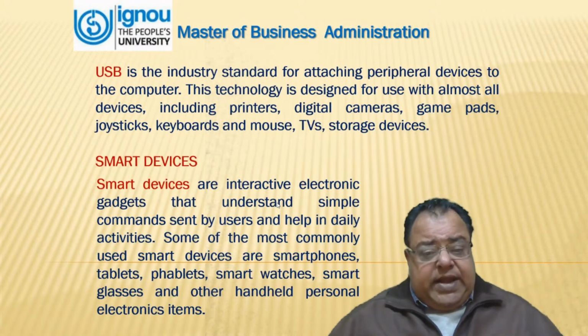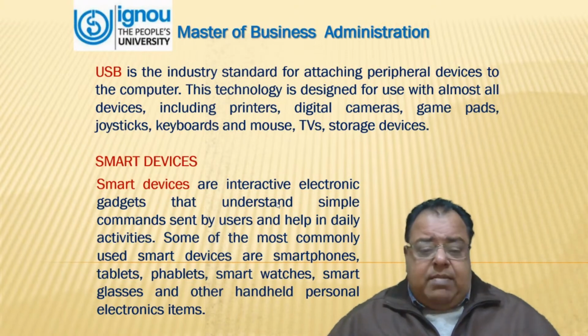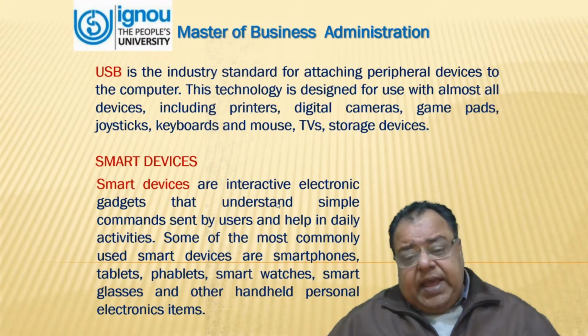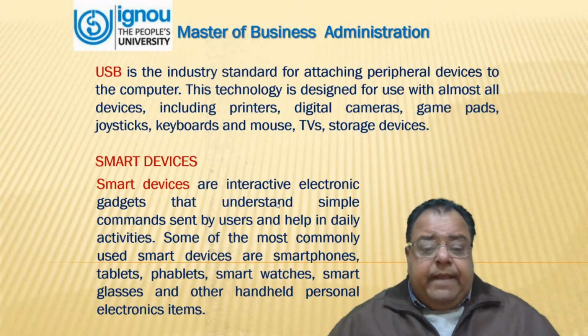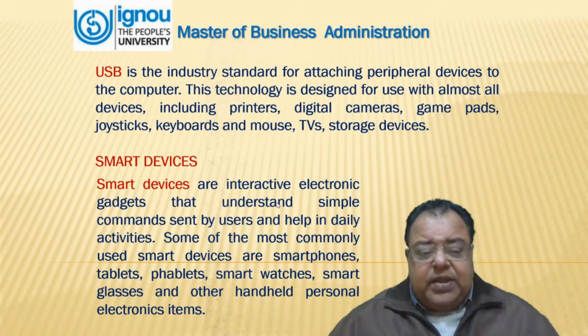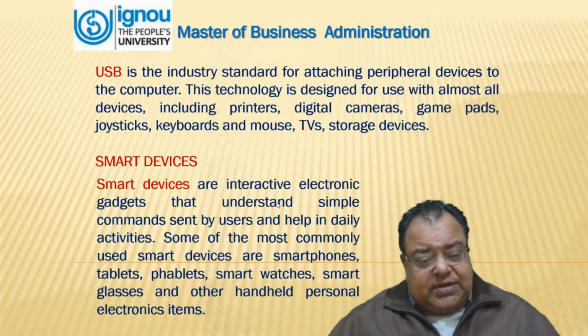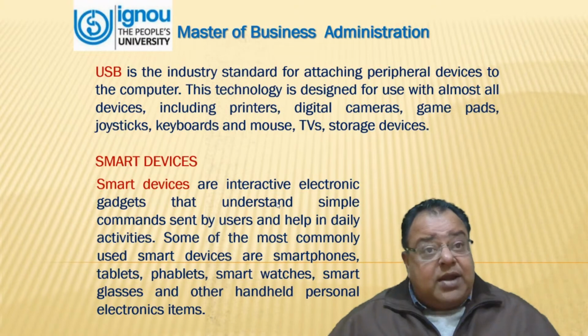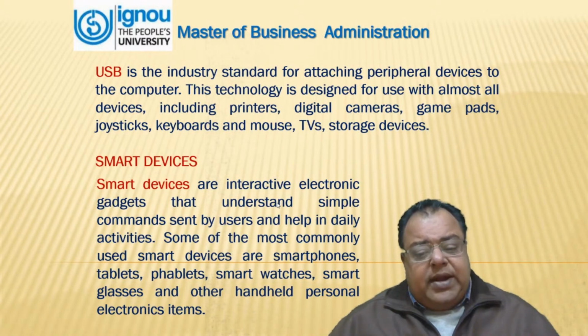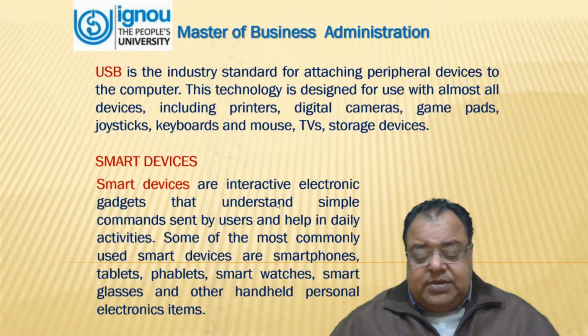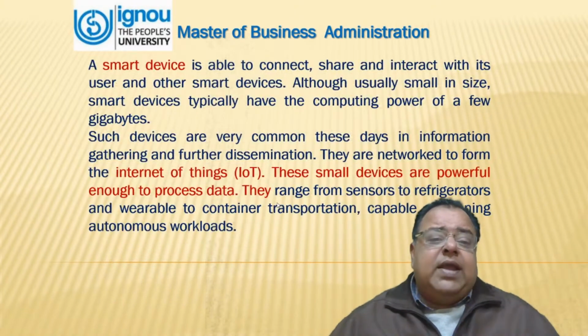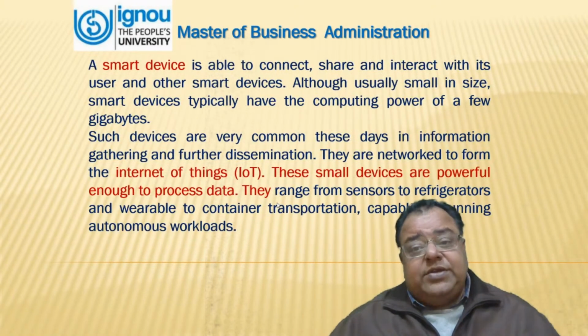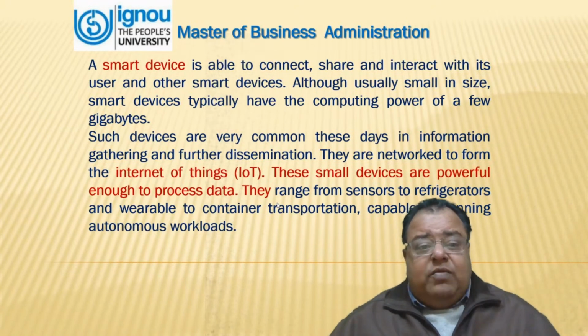Smart devices are interactive electronic gadgets that understand simple commands sent by the users and help in daily activities. Some of the most commonly used smart devices are smartphones, tablets, phablets, smartwatches, smart glasses, and other handheld personal electronic items. A smart device is able to connect, share, and interact with its users and other smart devices.